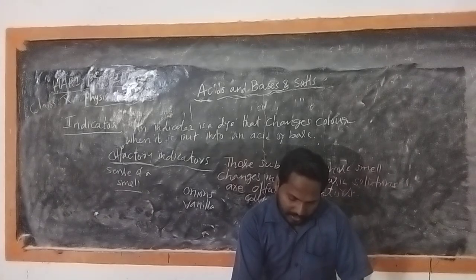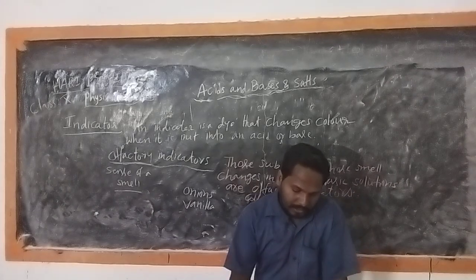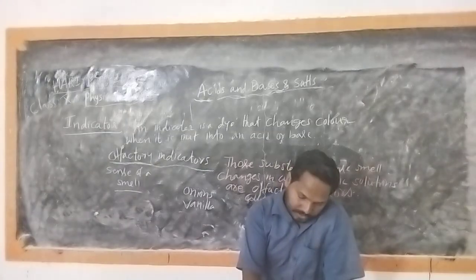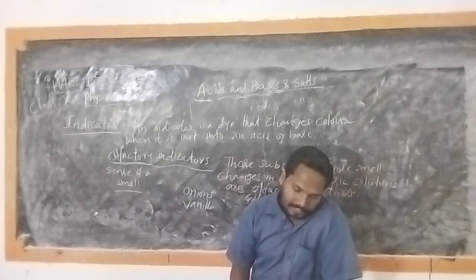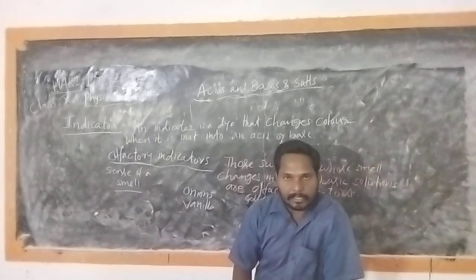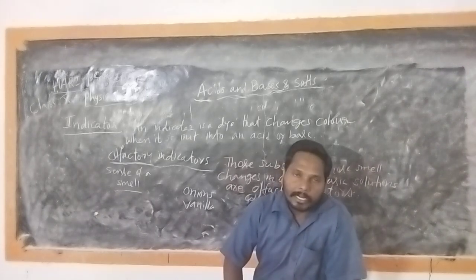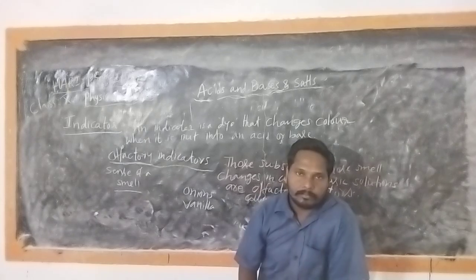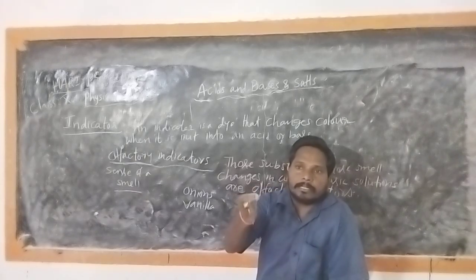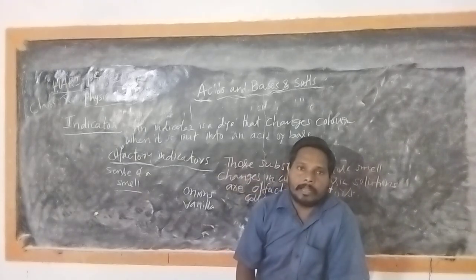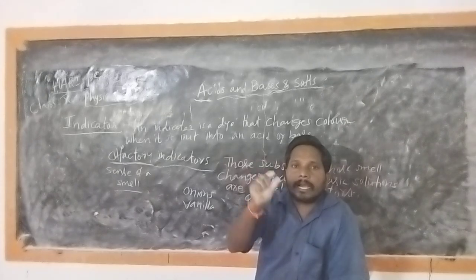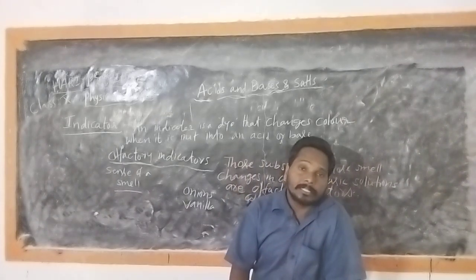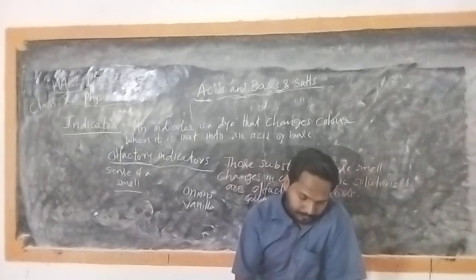So an olfactory indicator usually works on the principle that when an acid or base is added to it, its characteristic smell cannot be detected. So onion has some smell, right? When it is put in an acid or base, we cannot recognize the original smell.